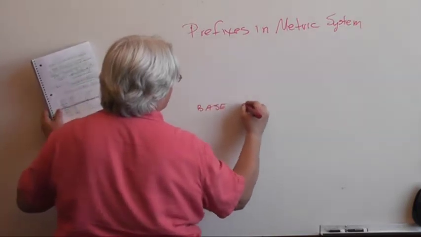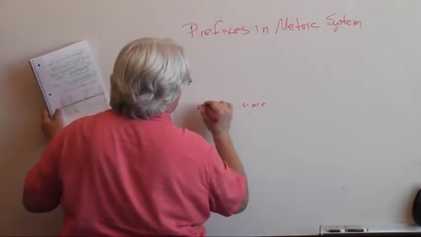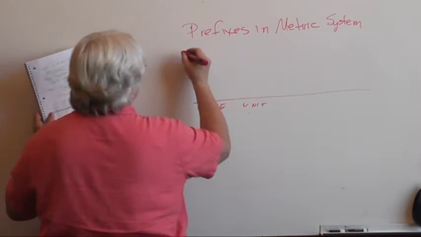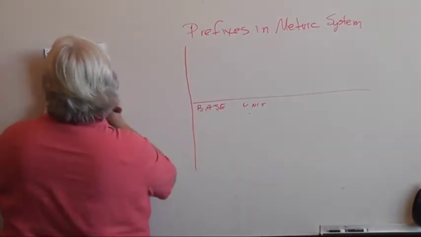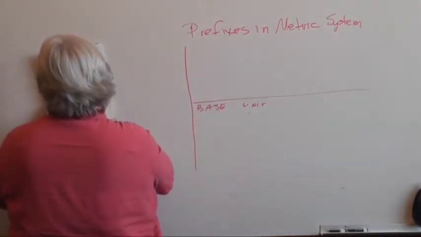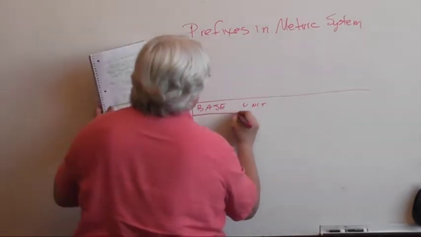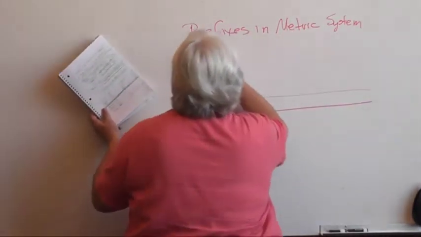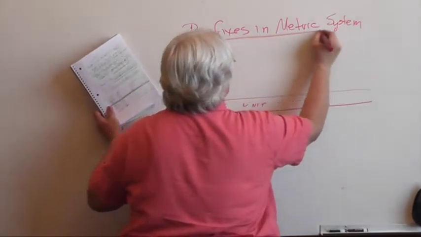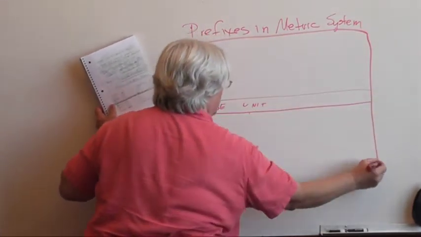Okay. So right here, this is going to be the base units in the middle, and I'm going to work out from it. We're going to have 9 columns, 9 rows all together.